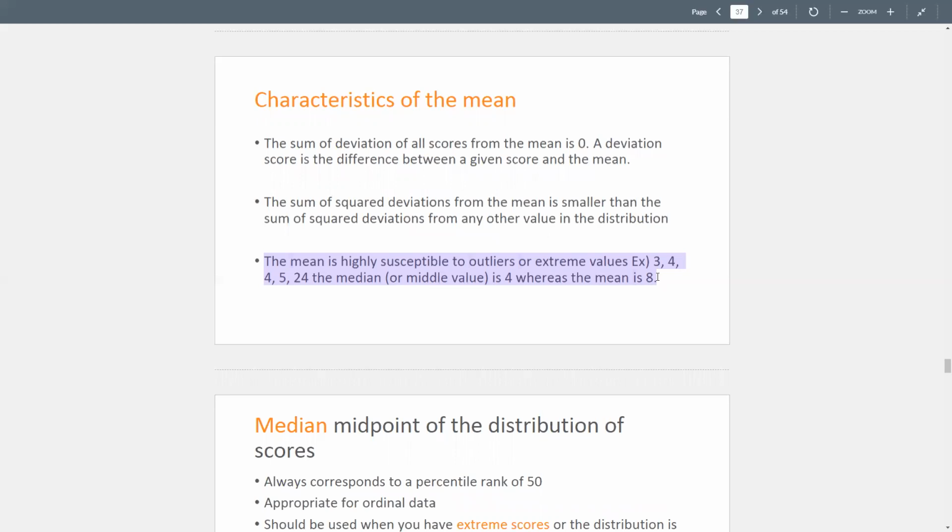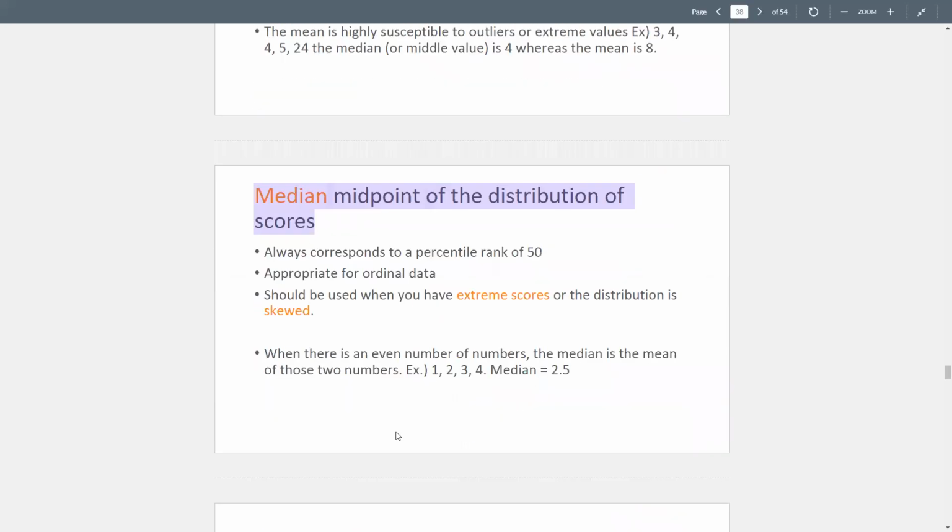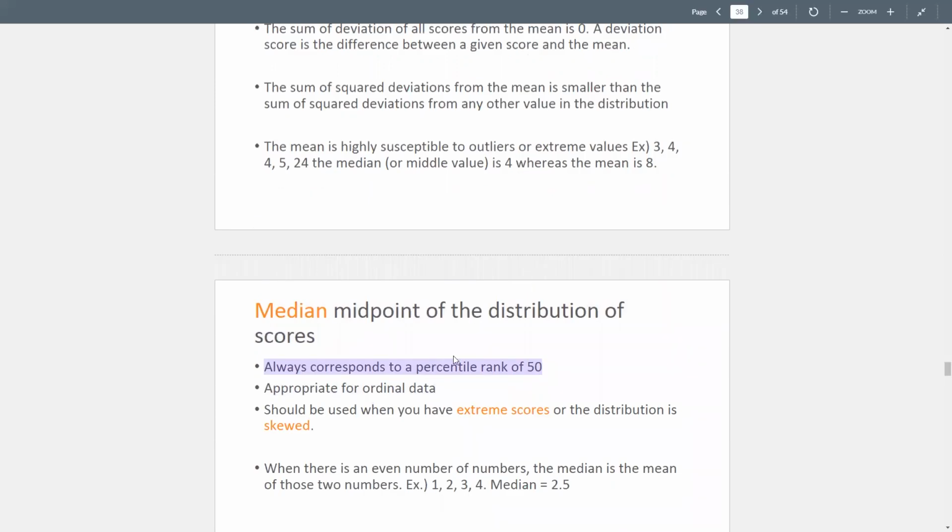A better representation of a skewed distribution might be the median. It's just the midpoint of scores. The median always corresponds to a percentile rank of 50. It's appropriate to use with ordinal data, and when you have extreme scores and the distribution is skewed.